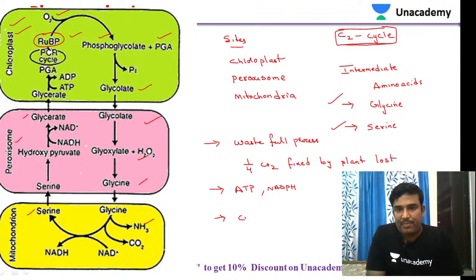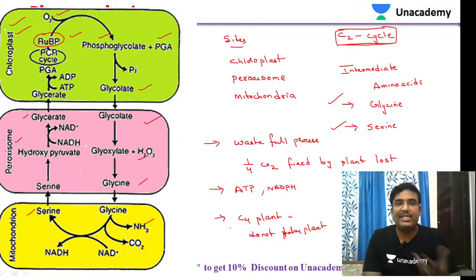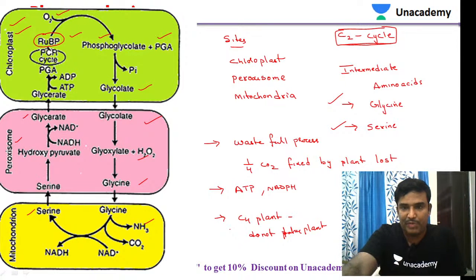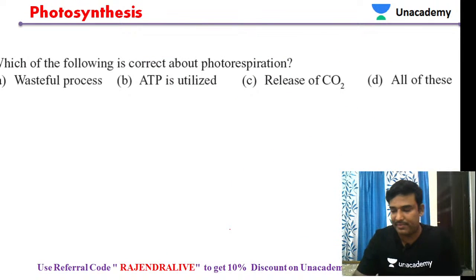In C4 plants, photorespiration does not take place. Photorespiration takes place only in C3 plants, students. So that is about photorespiration. Let us discuss some multiple choice questions on this topic.